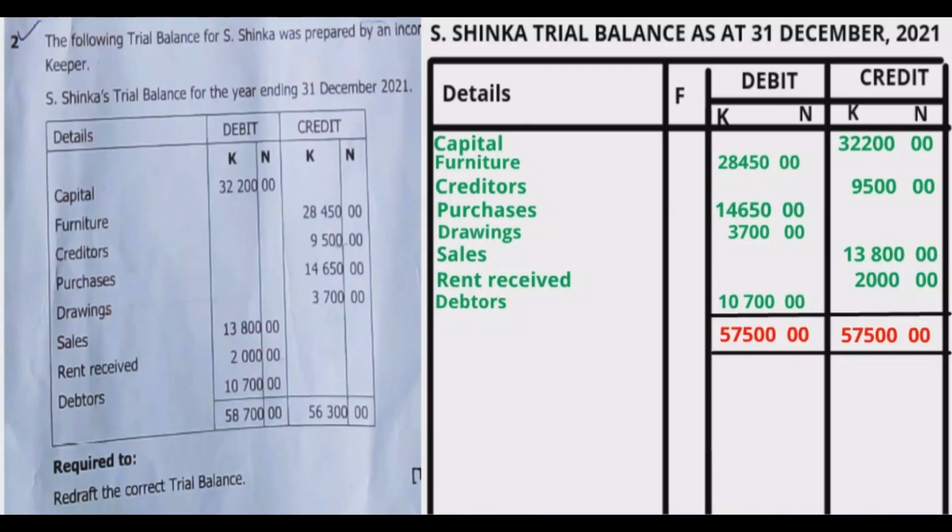Then sales as well, sales were supposed to be credited, he debited. As well as the rent received was supposed to be credited, he debited it. Then the debtors were well entered. The only mistakes were made on those I've mentioned. Okay, so basically that's how you prepare the trial balance.